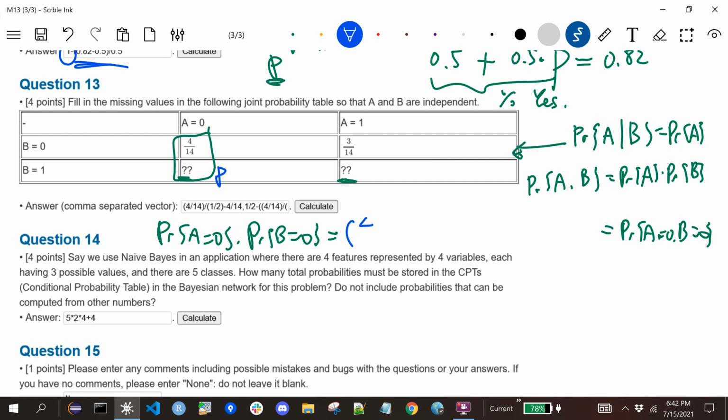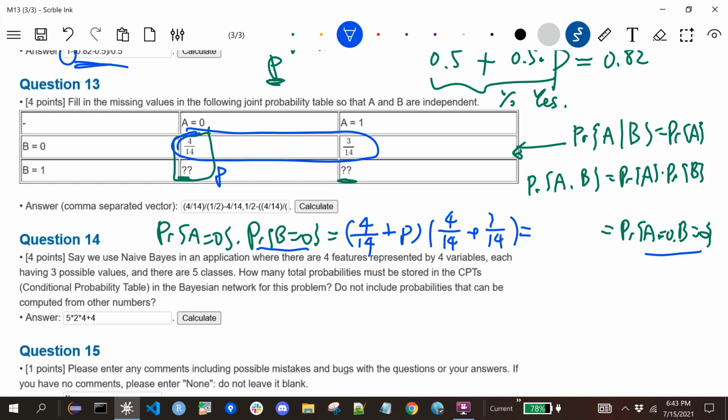So this is 4 over 14 plus P. And probability of B is 0 is just the sum of these two. Is just 4 over 14 plus 3 over 14. And probability of A and B are both 0 is just this cell, this element here, which is 4 over 14. So now given this, you can just solve for P.